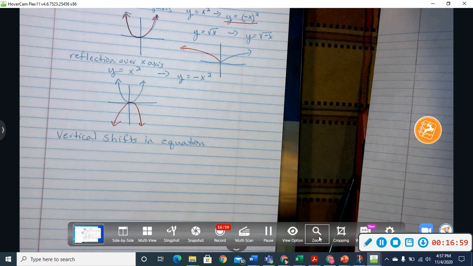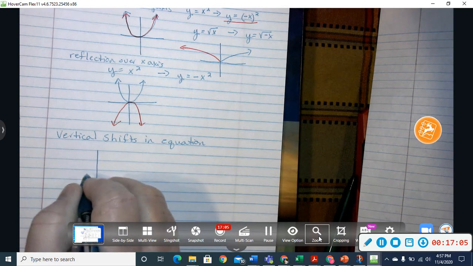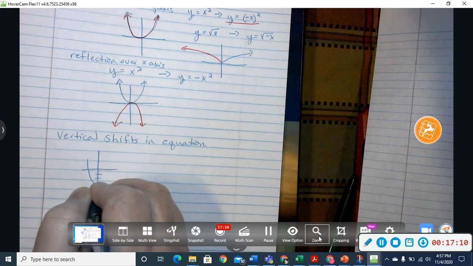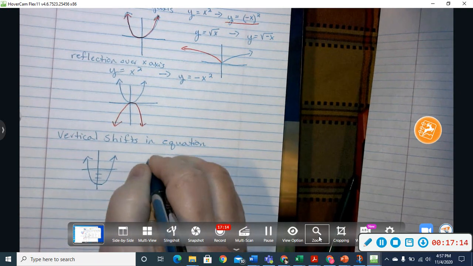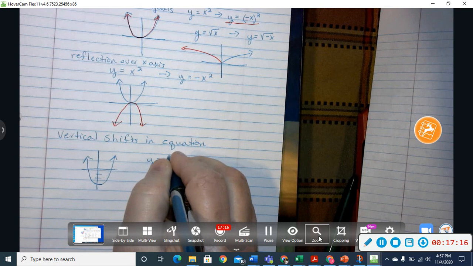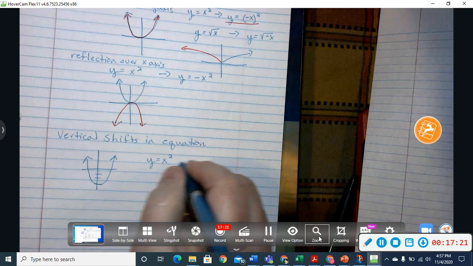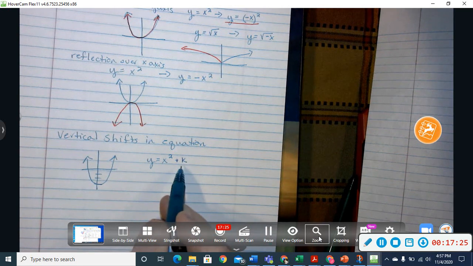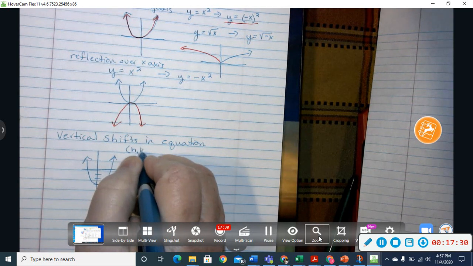So that problem that we looked at earlier where it shifted down 3, our equation y equals x squared, to change that equation, we would have plus k here, and that represents the k in the vertex (h, k).